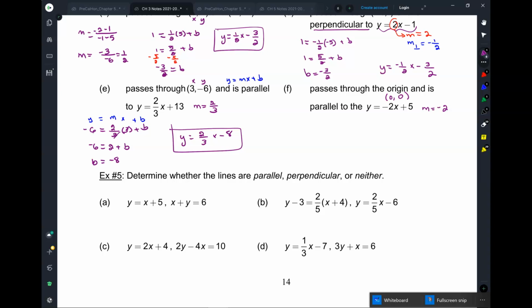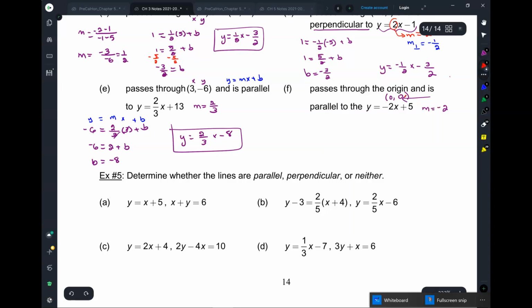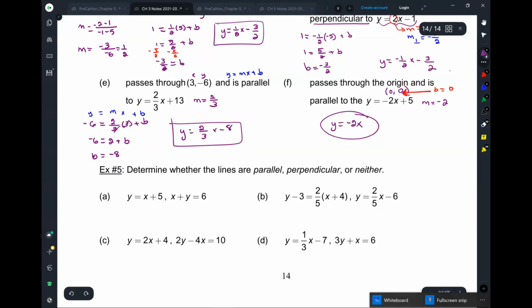Yeah? So this is also the y-intercept. That's it. So y equals mx plus b. It'll be negative 2x plus 0, just negative 2x.